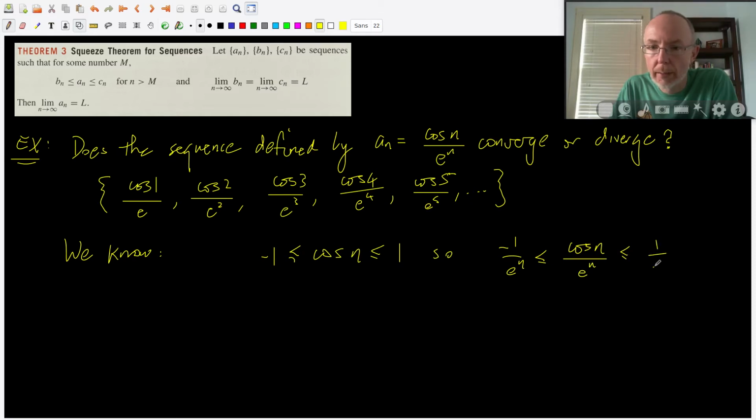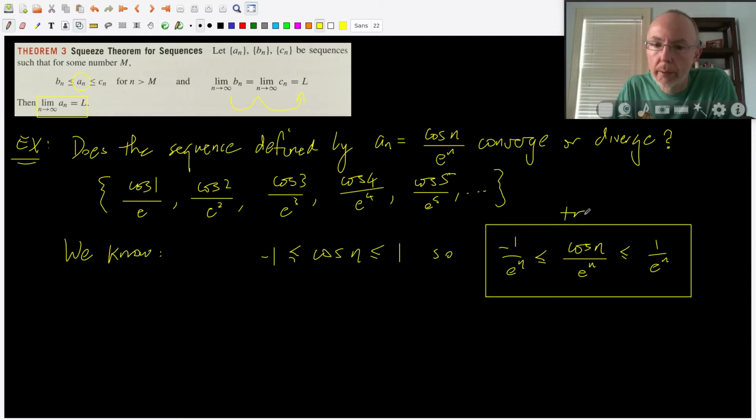So then I can take advantage of the squeeze theorem, because the squeeze theorem says if I can squeeze the thing I'm interested in between two other sequences, and those two sequences have the same limit, then the limit of the one I'm interested in will also be the same as the other two. So here I've built the inequality. Your job with these squeeze theorems is to build an inequality.